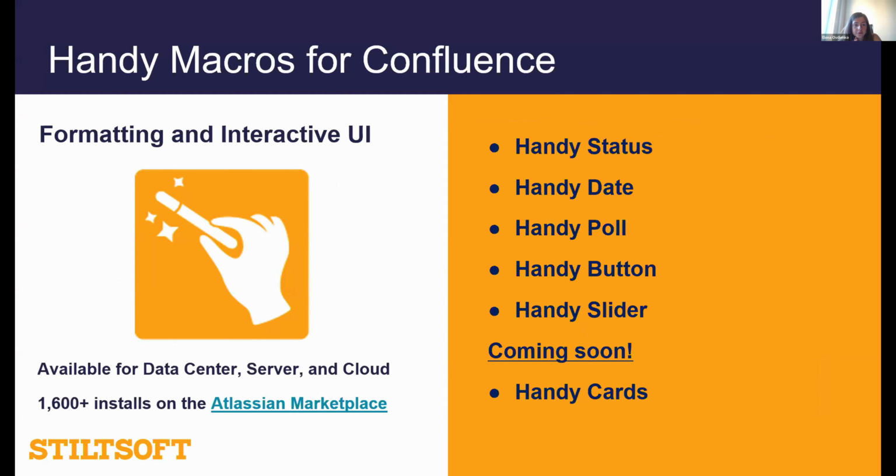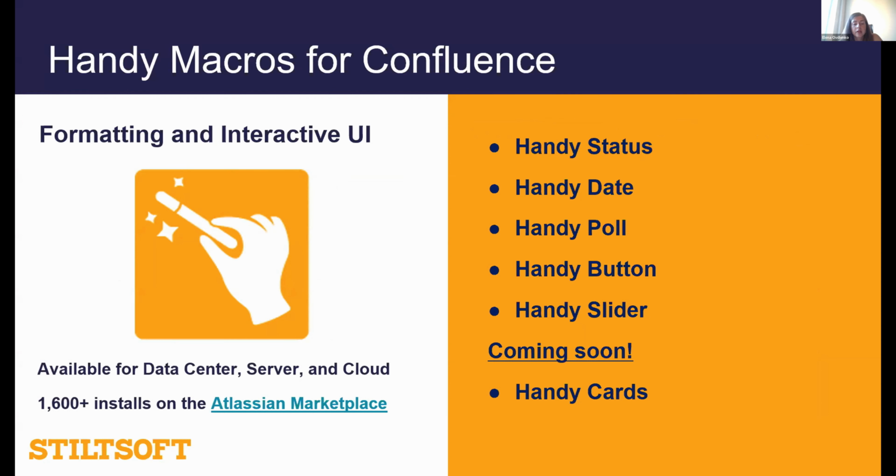But no worries, we have a solution for you, and now we'll see how to improve all of this with handy macros for Confluence. This app is intended to allow you to format your interface in Confluence, as well as to create some interactive elements to work faster and more efficiently.